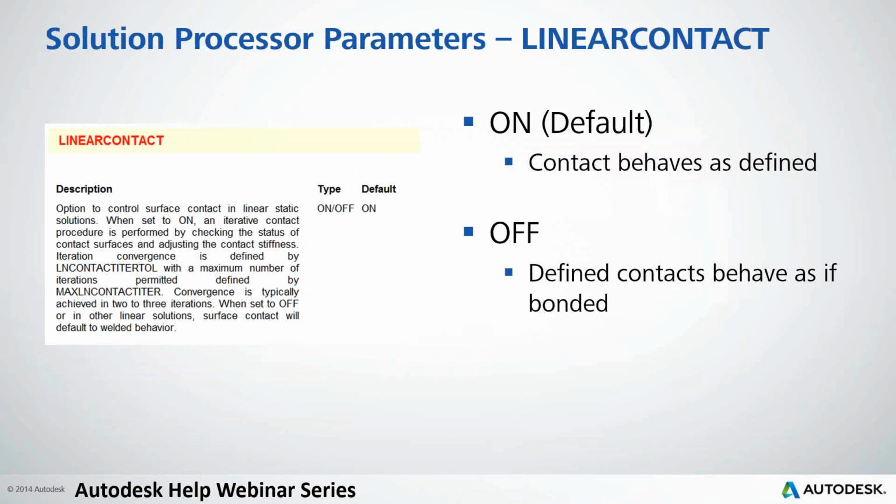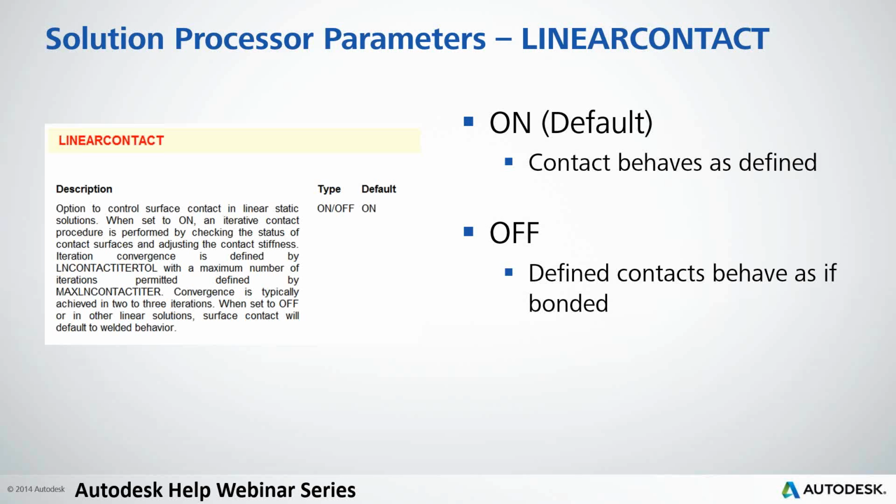The first parameter I'm going to talk about is found under Solution Processor Parameters, and this is linear contact. This is great for troubleshooting if you've got a linear static model that you're going to try to convert to a nonlinear static model, and you want to make sure your contact's set up correctly. The default value is on, and if you've got, say, separation contact defined, it's going to behave like there's separation contact there.